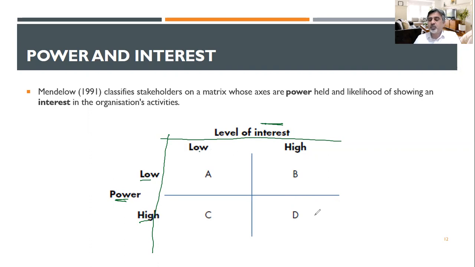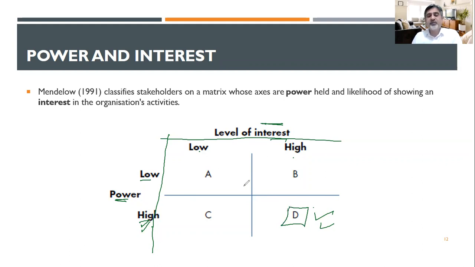Some stakeholders are here in quadrant D, which means interest is high and power is high. These are those stakeholders who have huge power in the business because of their voting rights. It could be your institutional investors, your major investors. And they also have huge interest in the business because their money is involved. So these are your top priority, you cannot ignore them.